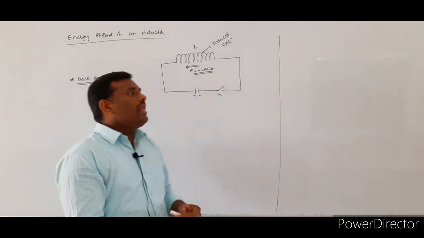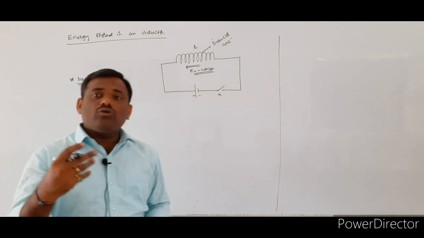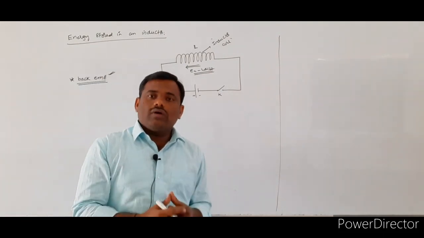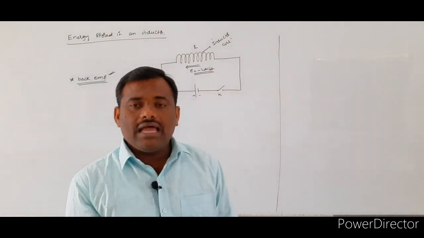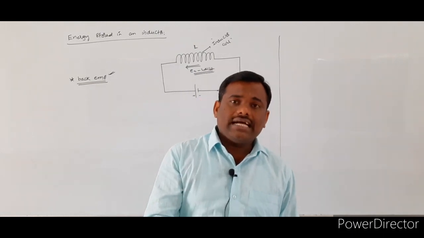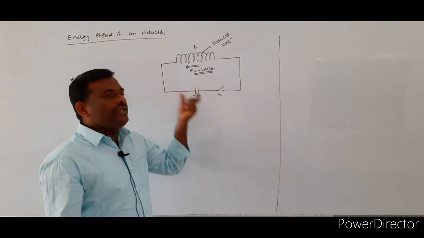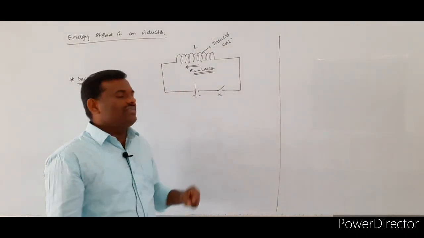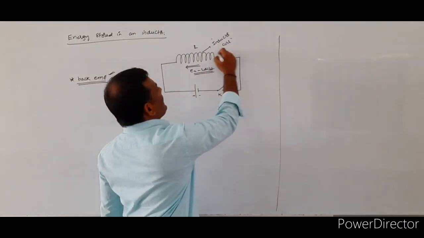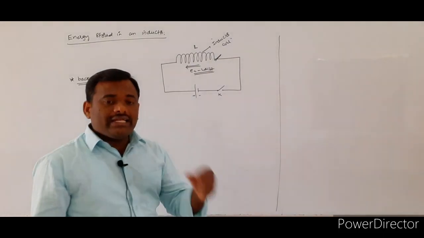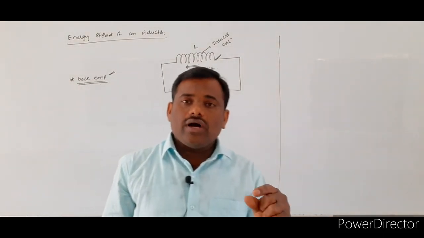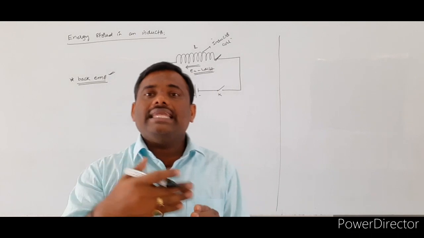So here I want to send a constant amount of current in the given circuit. But due to the induced EMF or back EMF produced across the inductor coil, this inductor coil will oppose the incoming current.